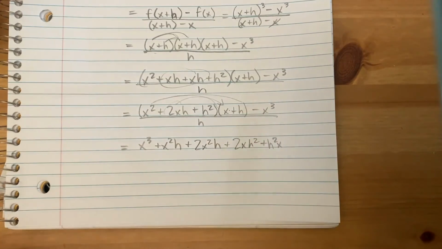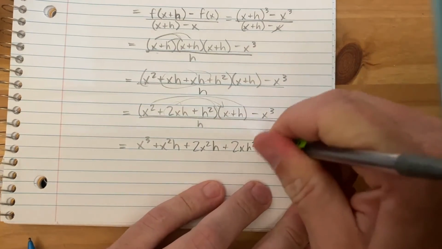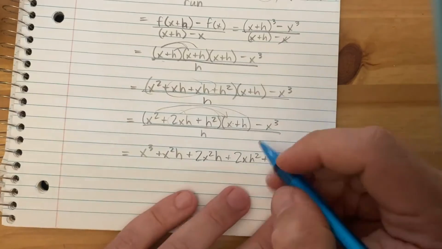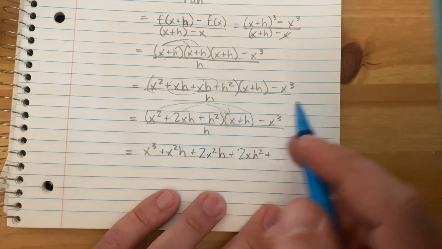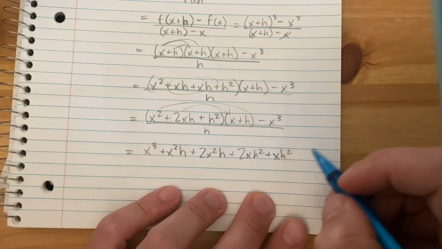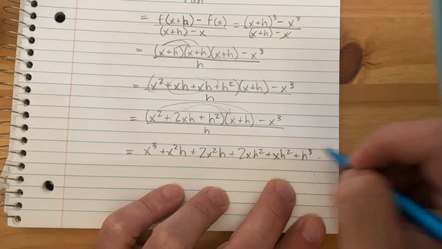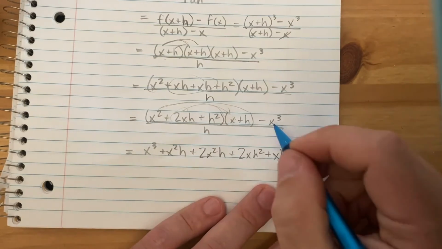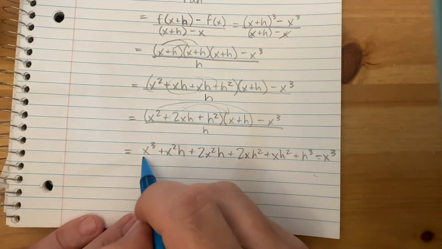All right, and then just the last term to do here, h squared times x. Let me keep my terms consistent. I'll always keep the x's before the h's just to be consistent here. So let me do that again. H squared times x is xh squared, and then h squared times h is h cubed. And then we have minus x cubed, of course, and that's all over h.